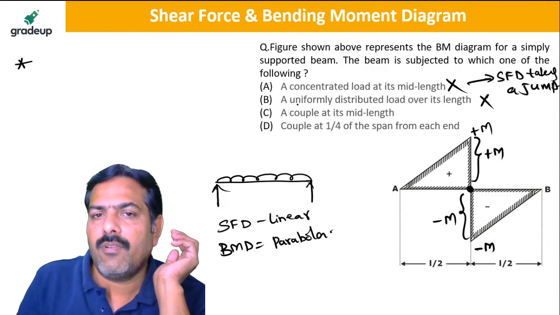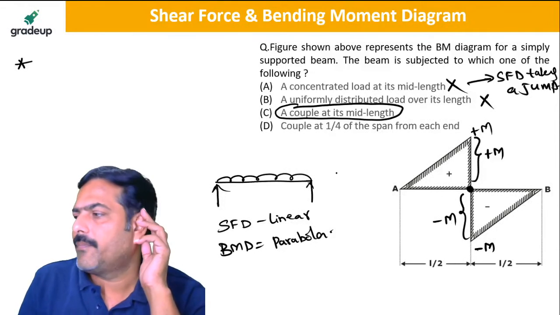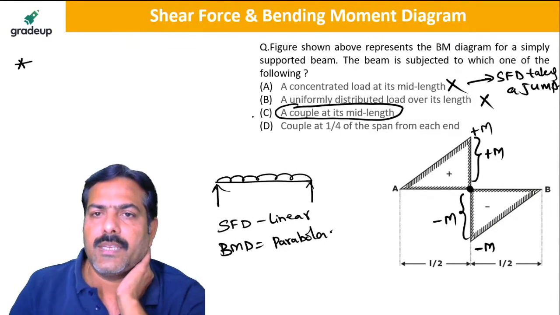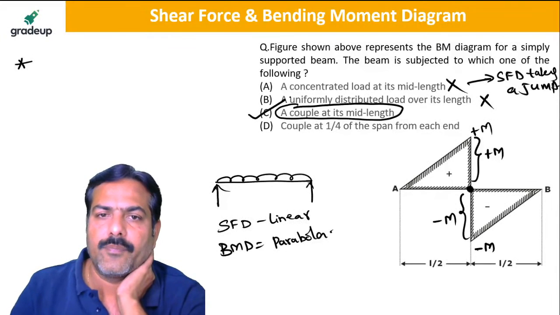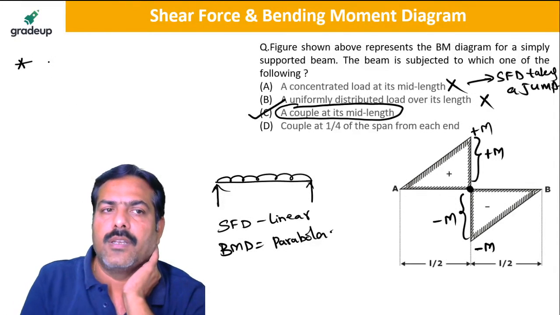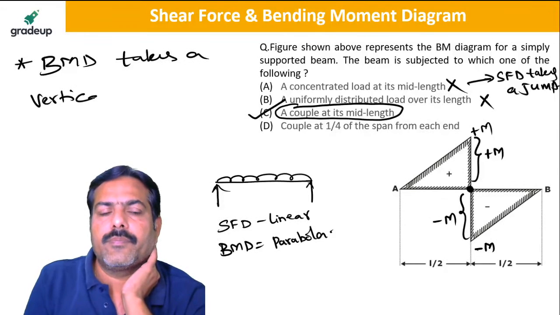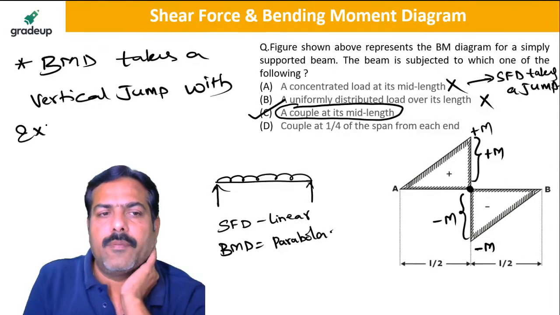So obviously there will be a couple. There will be a couple added at mid length. So C is the right answer to this question, since the bending moment diagram takes a vertical jump with an external moment or couple.